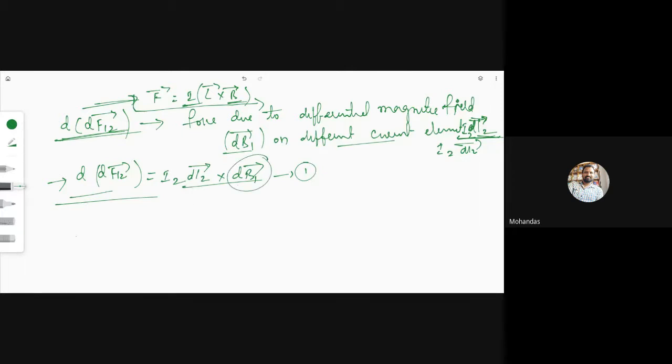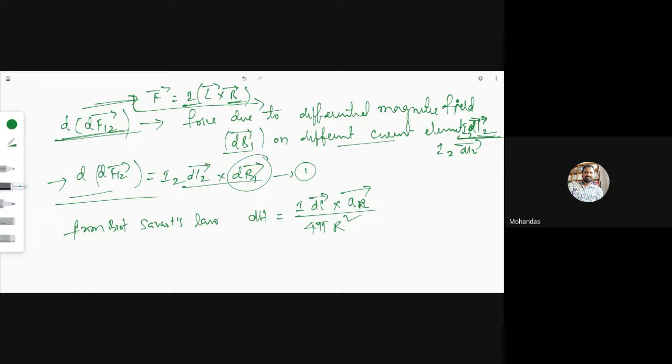So what is the dB1 from Biot-Savart's law? We have dH actually. dH equal to I into dl cross AR by R square, 4 pi ఉంటుంది కదా, I dl cross AR by 4 pi R square.